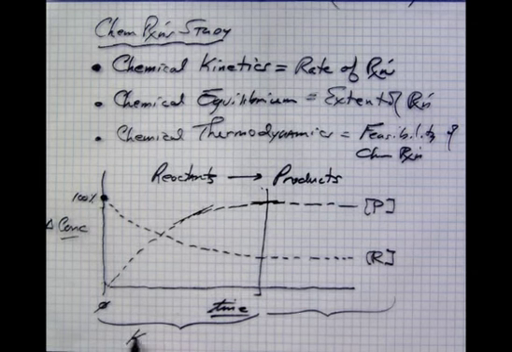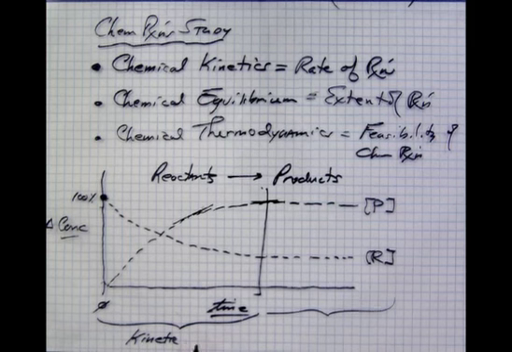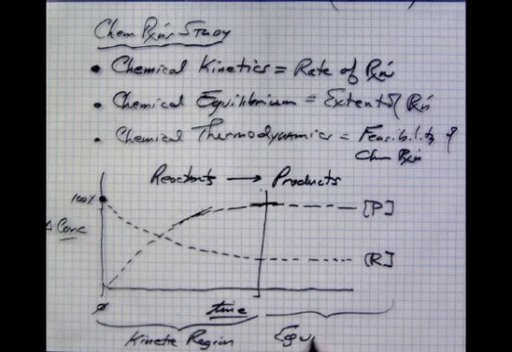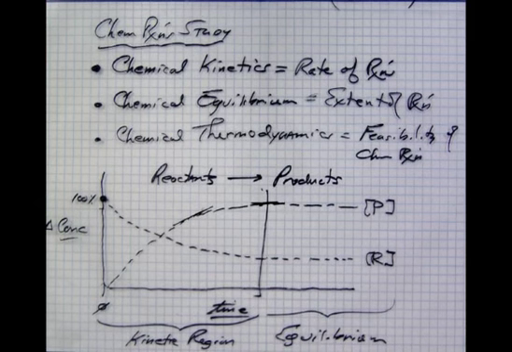This is the kinetic region. This is the equilibrium region. And the principles that we will study will define the behavior of reactions as they reach out toward that kinetic region, and the behavior of reactions beyond that point where it reaches equilibrium.